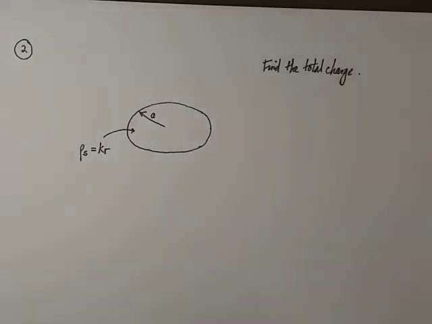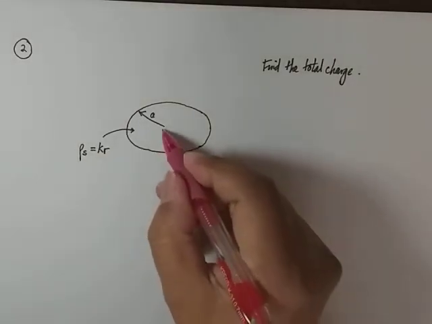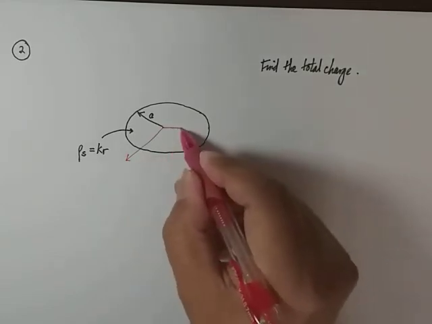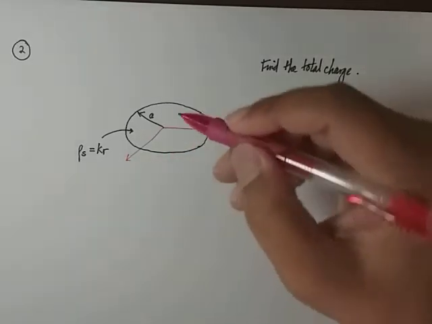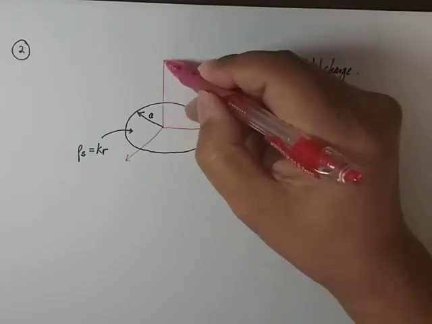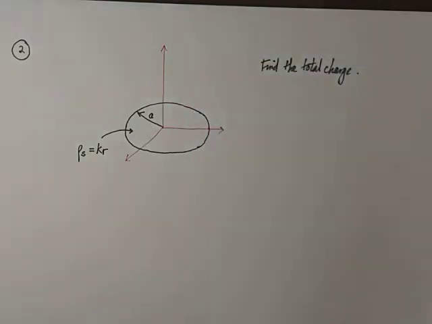So how do we make it simple? To make it simple, I want this disk to be located on the XY plane, and then the axis of the disc is coinciding with the z-axis of the cylindrical coordinate.